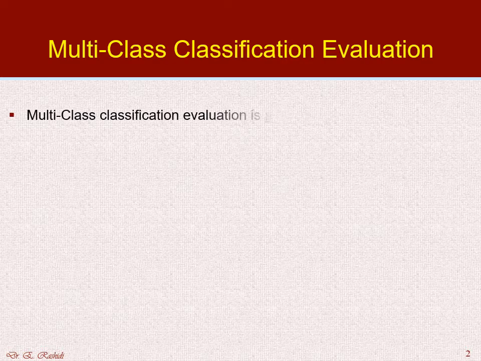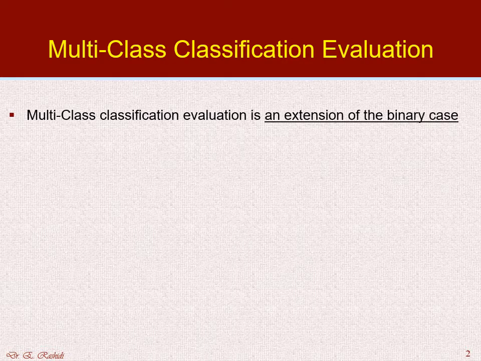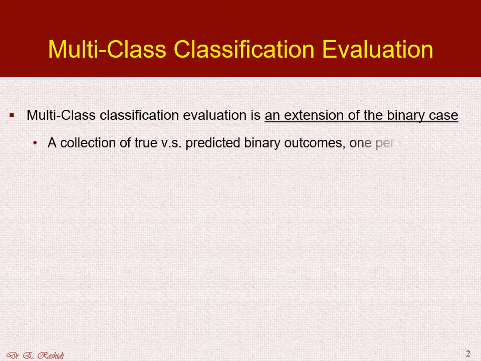The multi-class classification evaluation is just an extension of the binary case. So that means that for each class, you could consider your evaluation as that particular class versus the rest, for each of the classes. So it's going to be a collection of true versus predicted binary outcomes, one for each class.